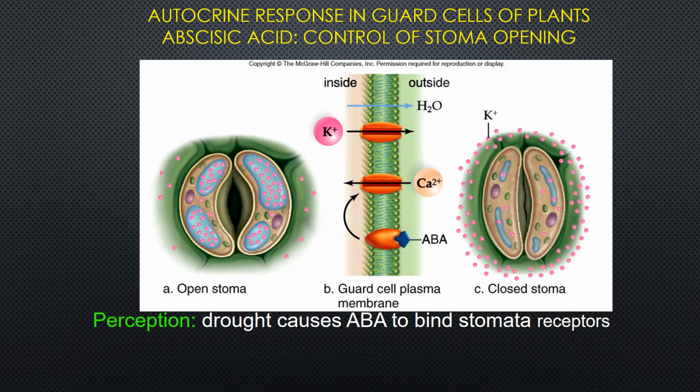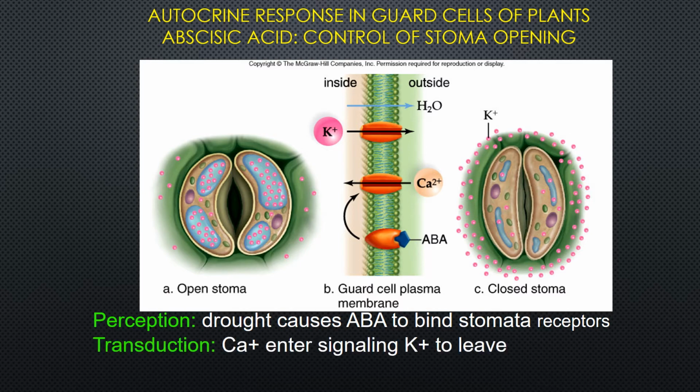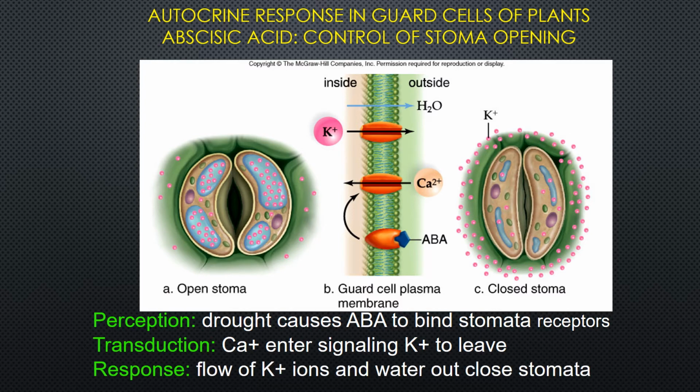So that's our perception step. Then we have the transduction. Once ABA is bound to the plasma membrane, calcium ions enter, signaling the potassium to leave. And that flow of potassium ions is followed by a flow of water out of those vacuoles, out of the guard cells. So that is the response.